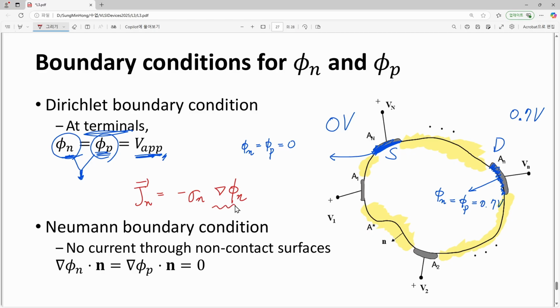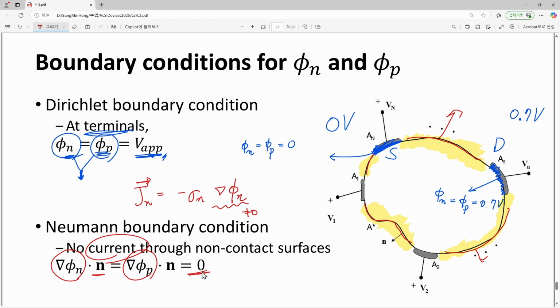So if this number is not 0, then there will be current conduction through these boundaries. So simply speaking, if we don't want to have any kind of current conduction at the boundary, then actually the surface normal component of our gradient phi n and gradient phi p should vanish. So that is the boundary condition for our phi n and phi p.